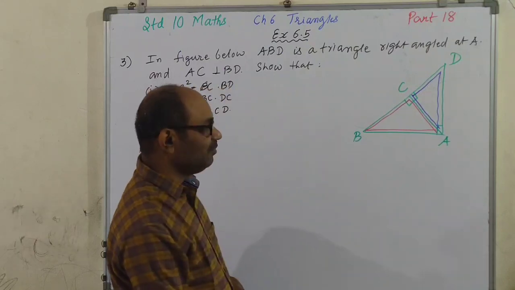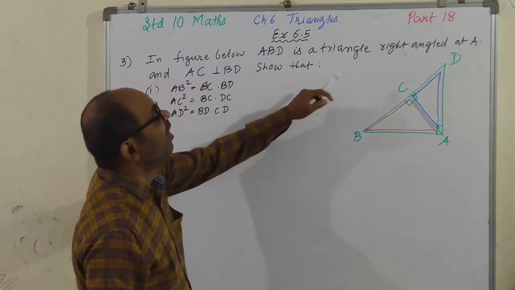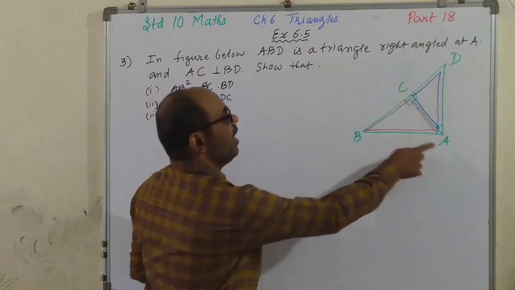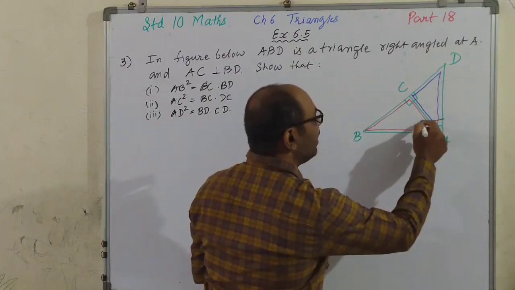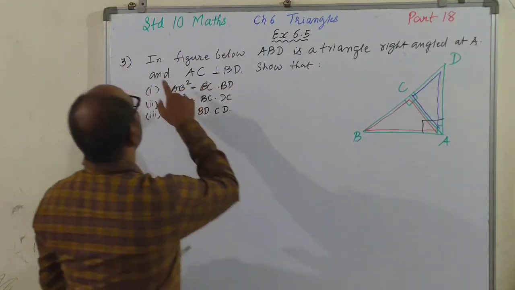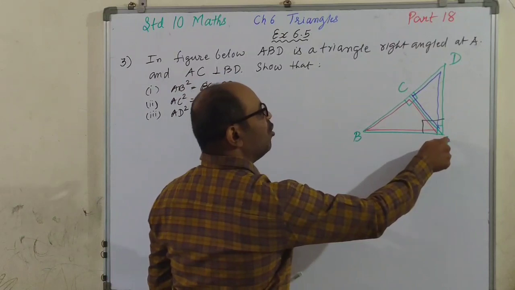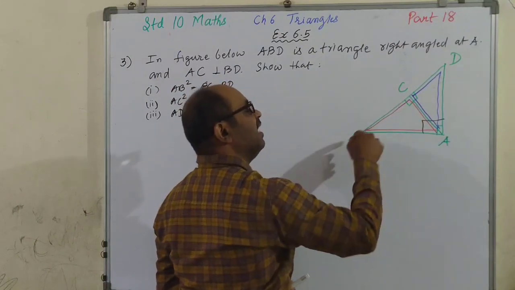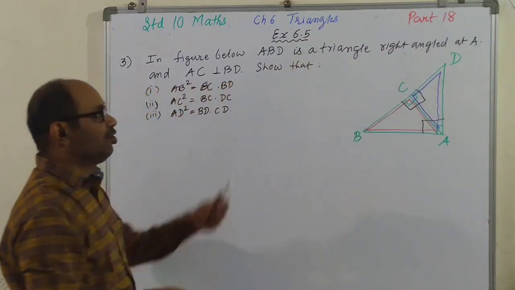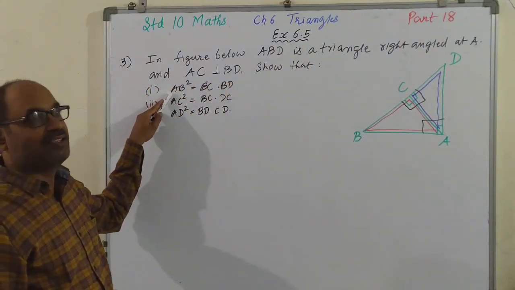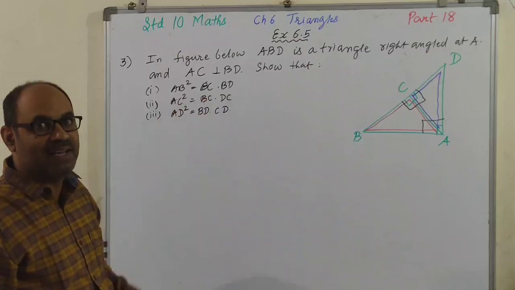So yes, it is right angled. ABD is right angled at A, and AC is perpendicular to BD. Show that AB is the geometric mean of BC and BD.